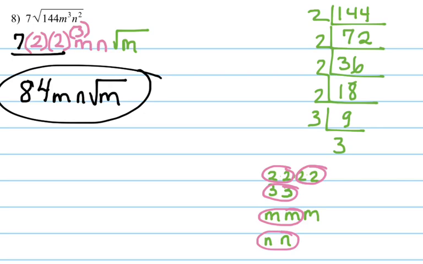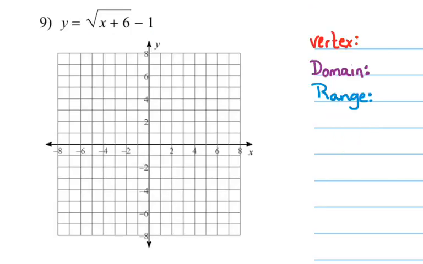Now we're switching gears. We're going to be working with graphing. And when you sketch the graph, some of the key points I am looking for each time are your vertex, your domain, your range, and then your graph.